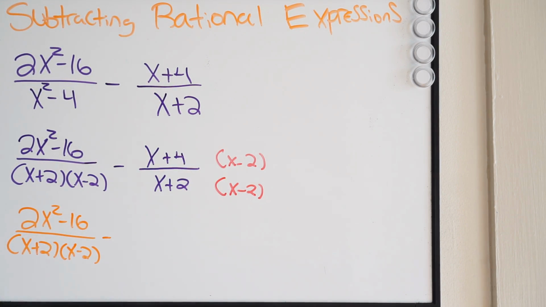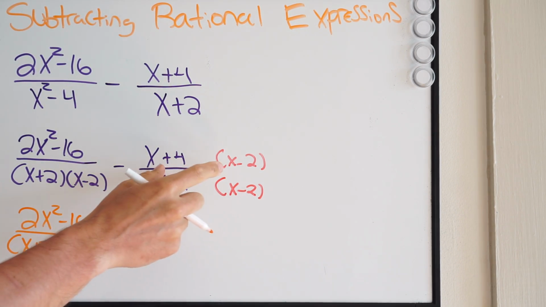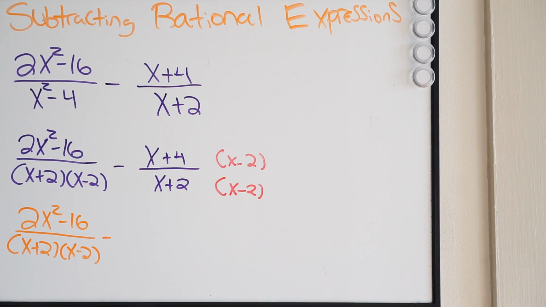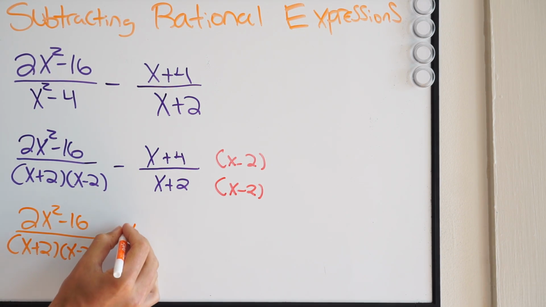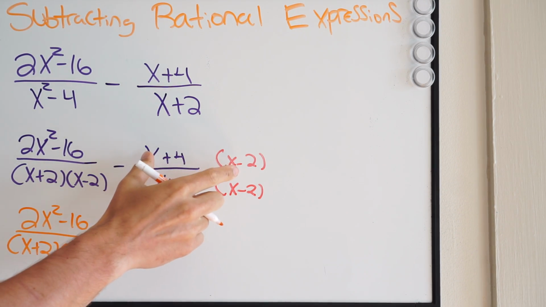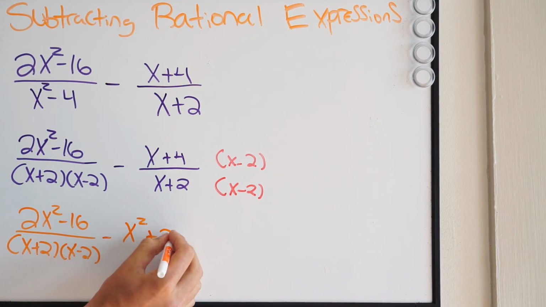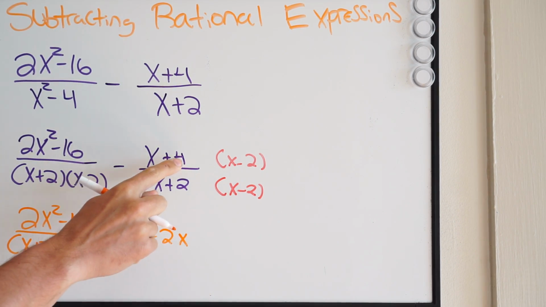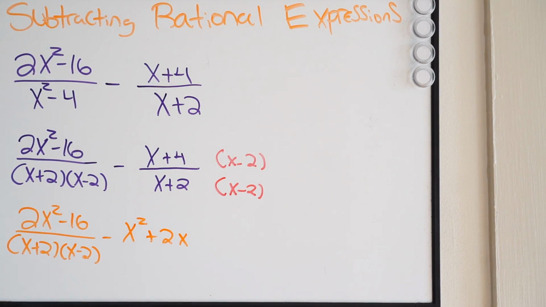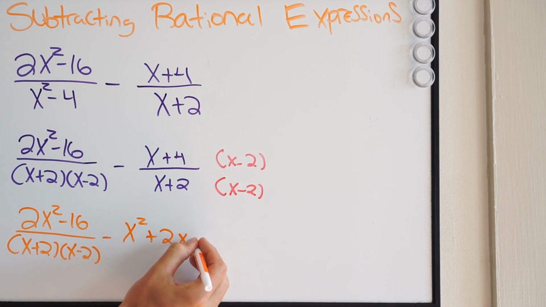Two binomials, we're going to use FOIL here, so we'll do x times x, which is x squared. Right, so that's first. Outside is going to be minus 2x. Inside will be positive 4x, so a minus 2x and a positive 4x makes plus 2x. And then last is 4 times a negative 2, which is going to be negative 8.